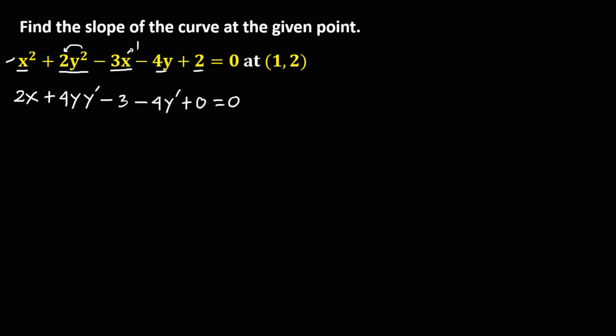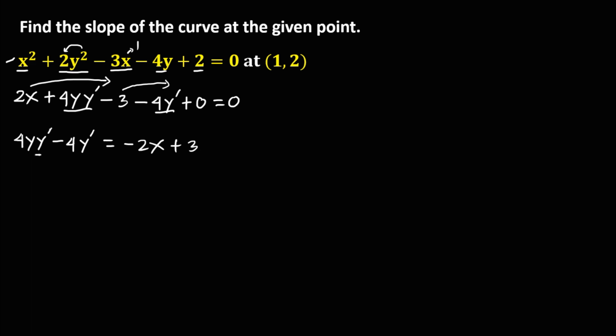Then we need to transpose all the terms with no y to the other side. So we have 4y times y prime minus 4 y prime, equals this positive 2x transposed to the other side, which becomes negative 2x. This negative 3 transposed to the other side becomes positive 3.